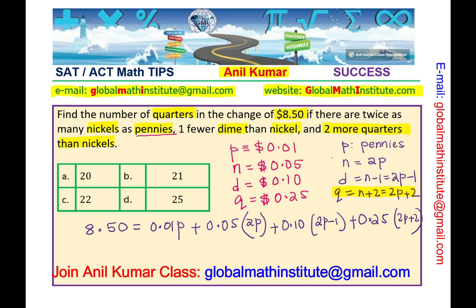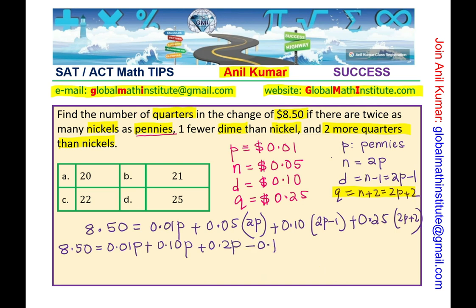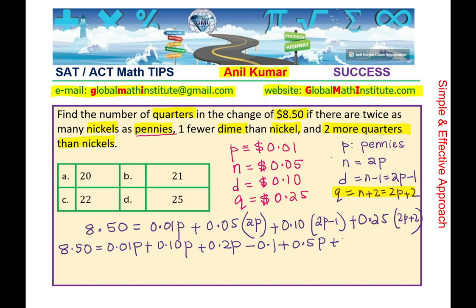So let us expand and simplify. 8.50 equals 0.01p plus, if you multiply this, you get 0.05 times 2p, which is 0.1p, and 0.1 times 2p minus 0.1, which is 0.2p minus 0.1, plus 0.25 times 2p, which is 0.5p, and 0.25 times 2, 0.50, plus 0.5.